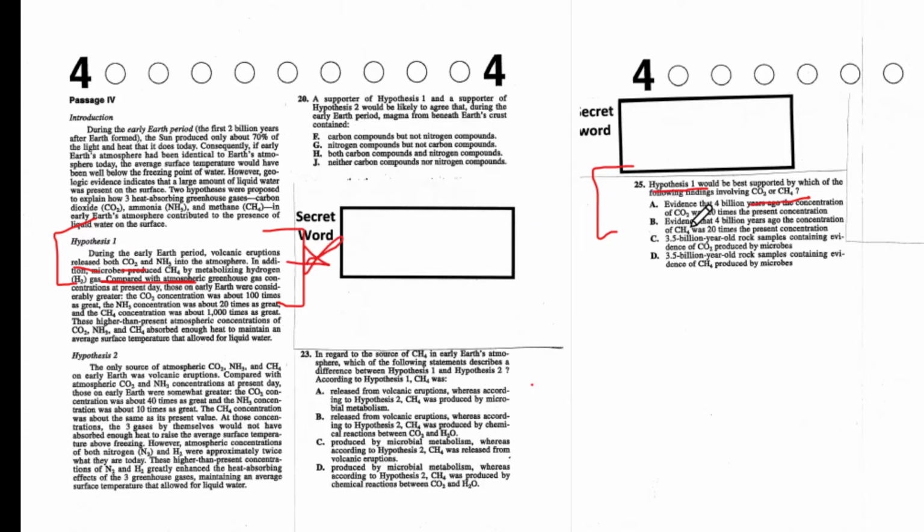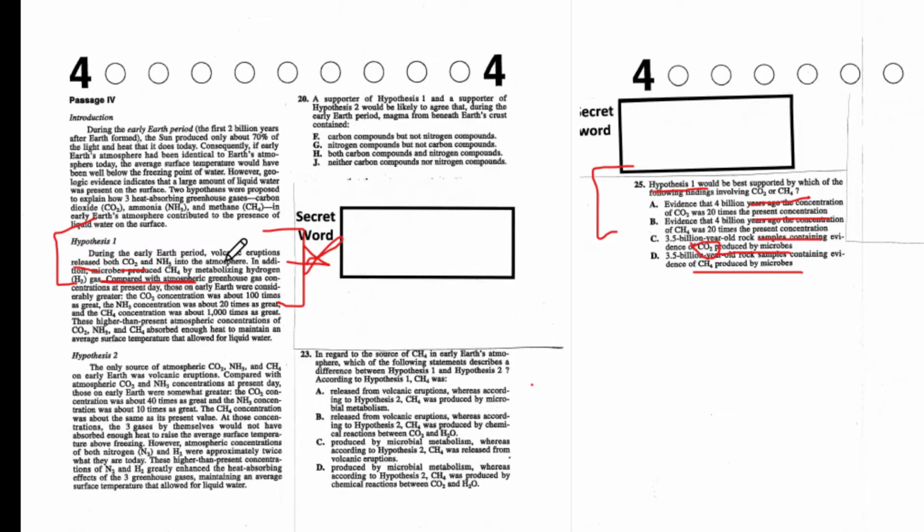If you look over here, I said present concentration is going to be our verb. Present concentration is our verb in B. C says produced by microbes, but here it's CO2. And here it says CH4 is produced by microbes. Right away, we know that it's not produced by microbes, because CO2 is not present day.